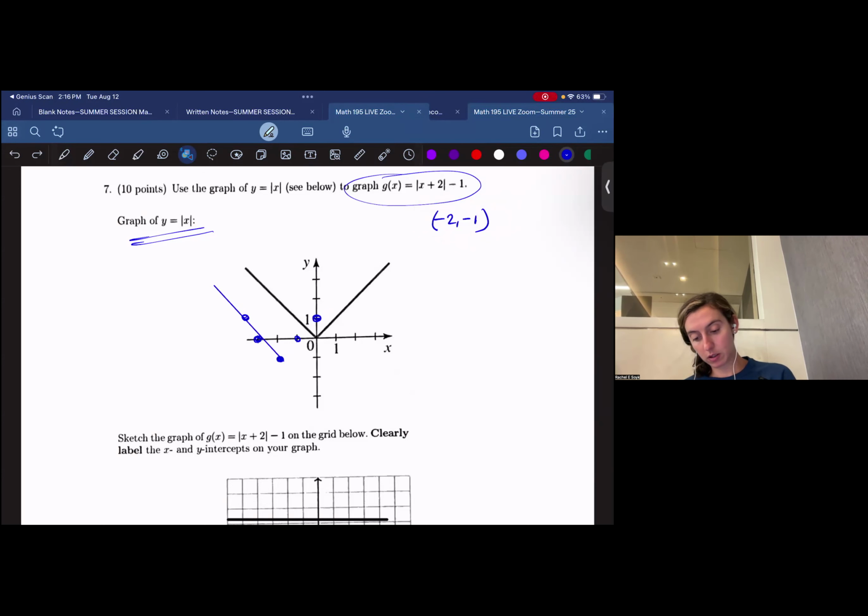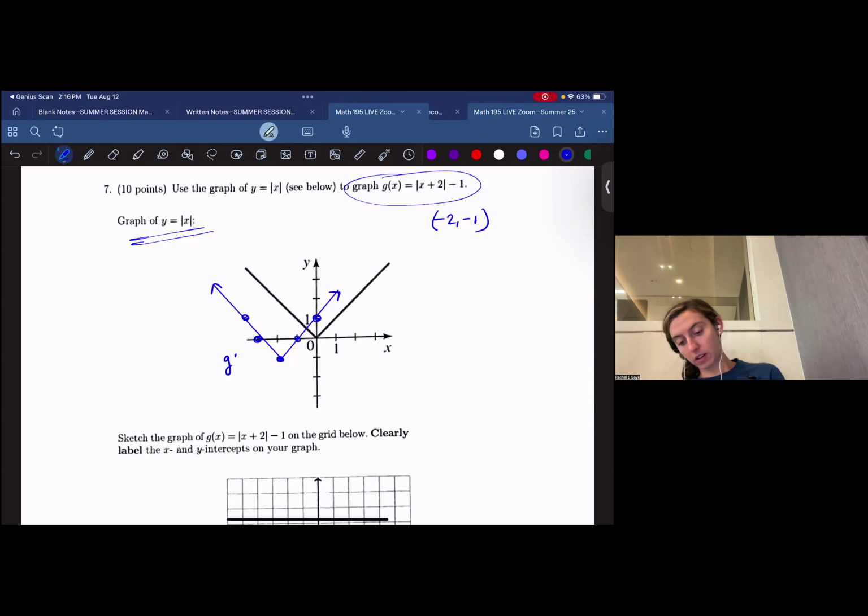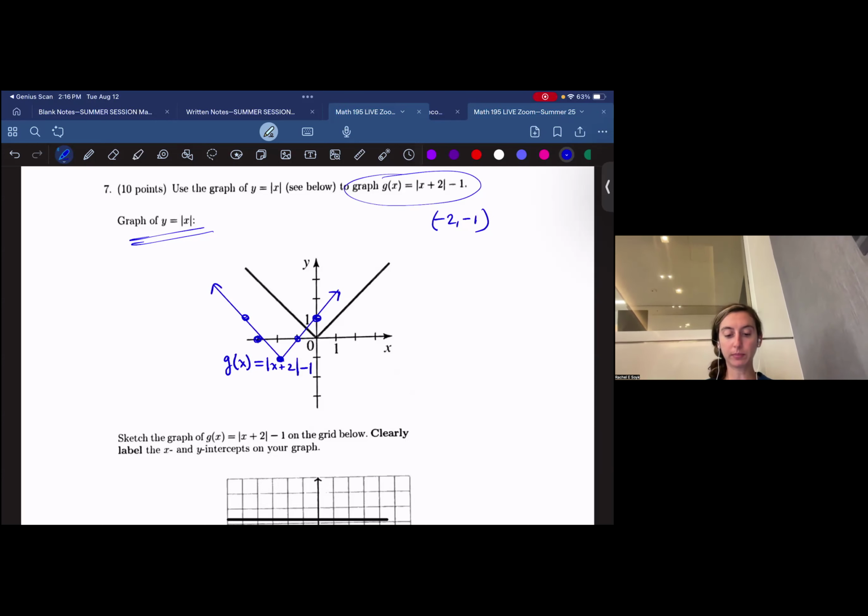And then don't forget your arrows and you're good. Probably label the graph too. g of x is equal to absolute value of x plus 2, minus 1. Done.